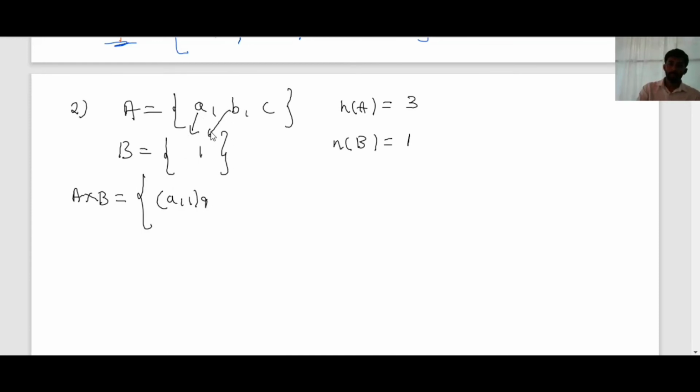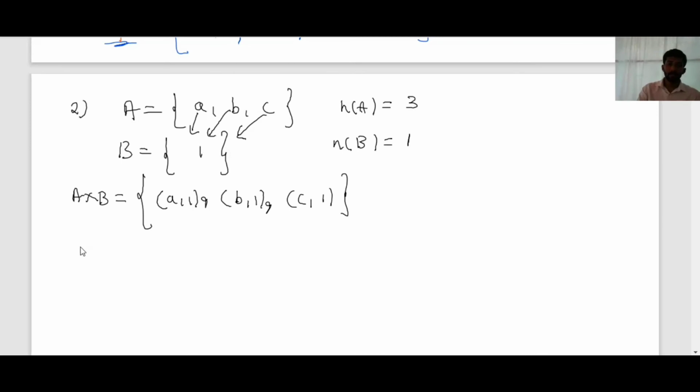Then b to the element of B, you will get (b, 1). Then c to the next element, you will get (c, 1). This is the possibility, right? Because here only one element is there. You combined all the elements of A with all the elements of B, right? First element to one element, second element to one element, third element to one element.